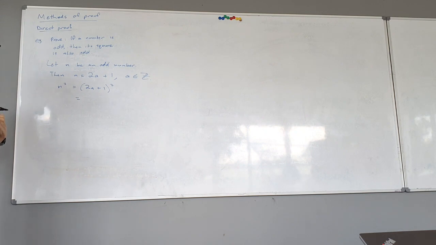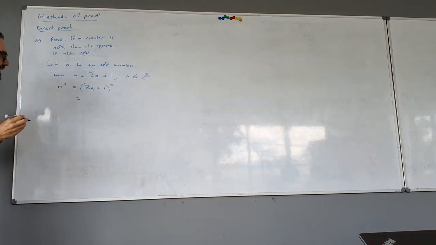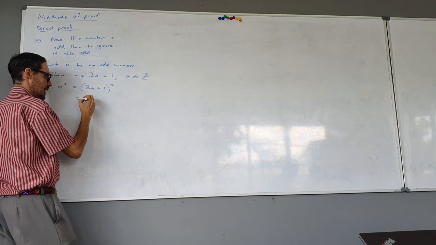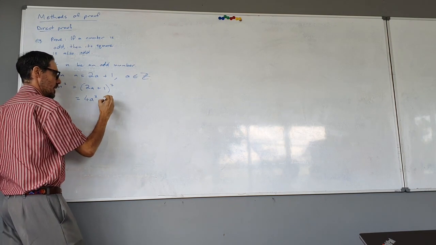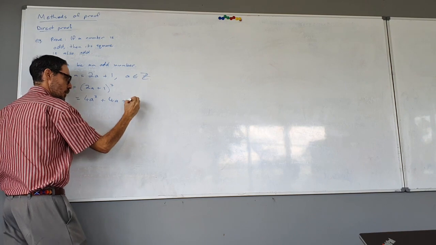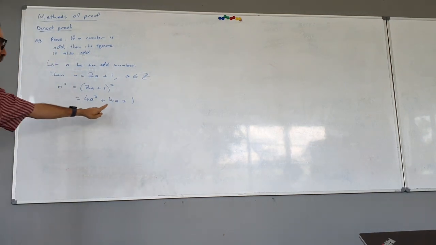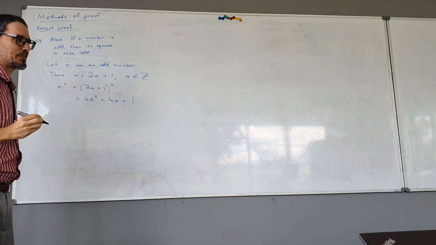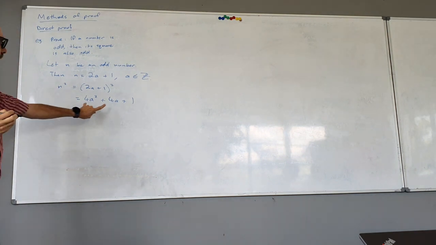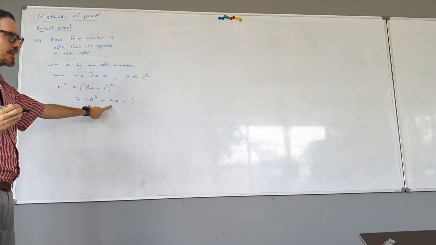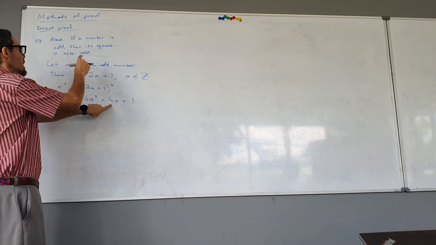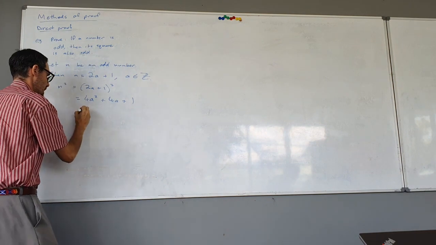Xander, expand the square, what do I get? 4a squared plus 4a plus 1. Good. I was waiting for you to forget the middle term, but you remembered it. I can factorise this. I could factorise the 4, but I'm trying to show that something is odd, so I'm actually going to take out the power of 2.